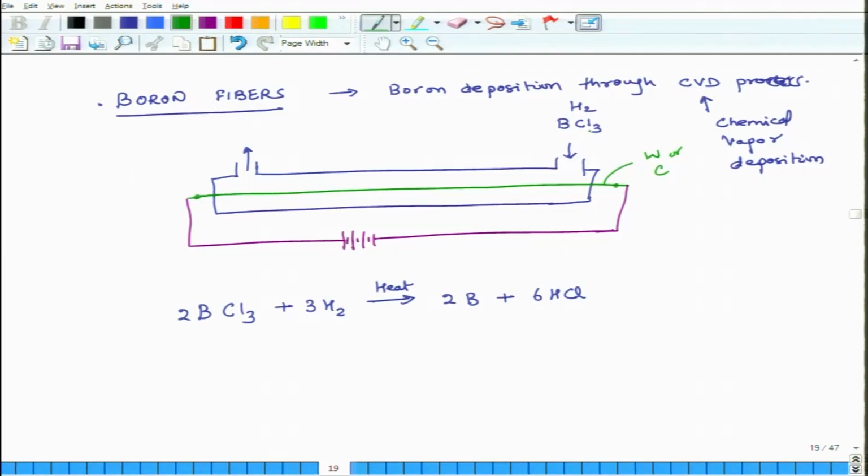So, this is what goes in, hydrogen and boron chloride, and what comes out is HCl, and slowly you deposit a layer of boron on top of this green thing, which is either carbon or tungsten. So, if you look at the cross section, you have a core and then you have a boron ring or boron metal around the graphite or tungsten core.